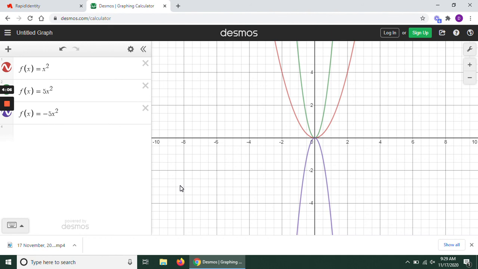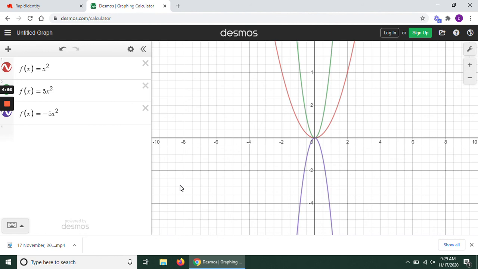After the red graph, which is the graph that we started with, after we stretched that graph vertically by a factor of 5, giving us the green graph, when I apply the negative sign to the number 5, it is going to reflect that graph over the x-axis, but the size of the new graph will remain the same. Okay? So that's all the sign is saying to us.